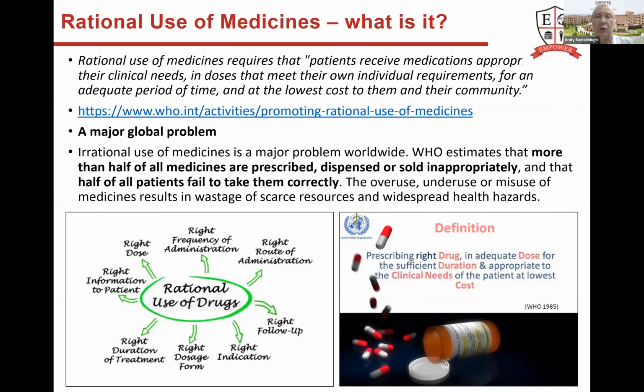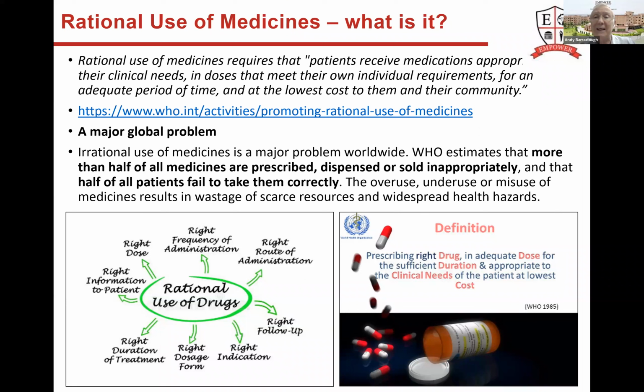So this rational use of medicines, what do we actually mean by rational use? And throughout the course, we try to stay with the WHO definitions. And we're again using the WHO definition. That means the right drug in the right amount for the right duration at the right cost.